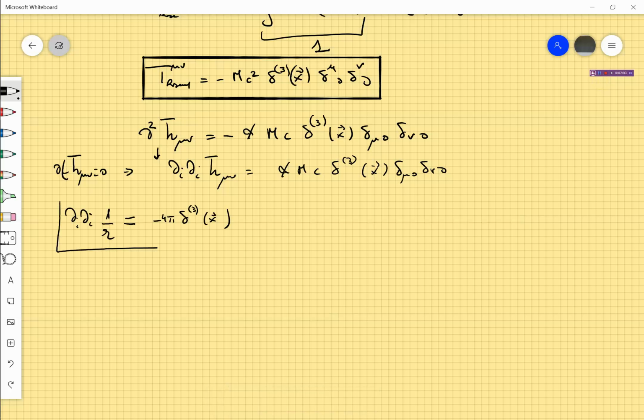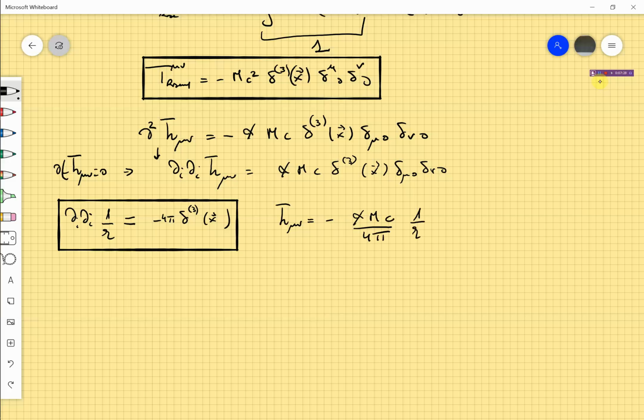is equal to minus delta 3 of x times 4 pi. This is the equation that we need to remember, and this means that h bar mu nu will be minus chi mc, all divided by 4 pi, times 1 over r, delta mu 0 delta nu 0.